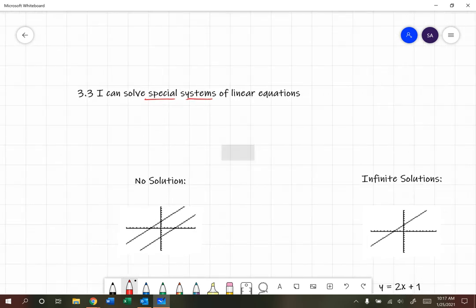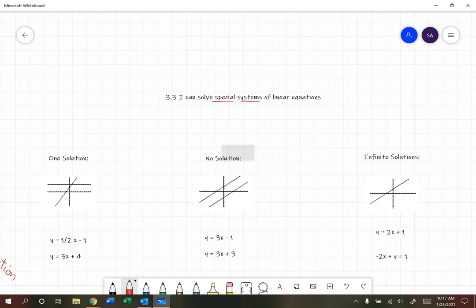So, really quickly looking at the three methods, you can see graphically that there is one solution if those two equations in the system cross, and that coordinate on where they cross will be a solution.